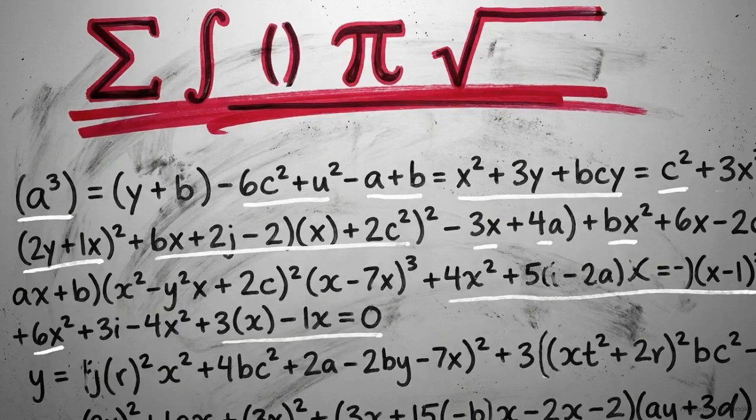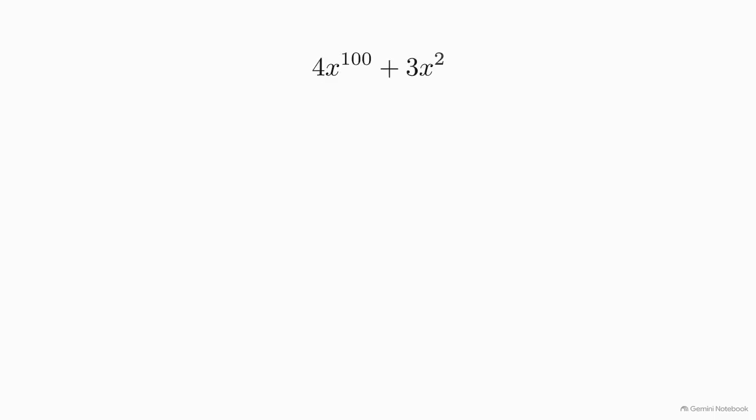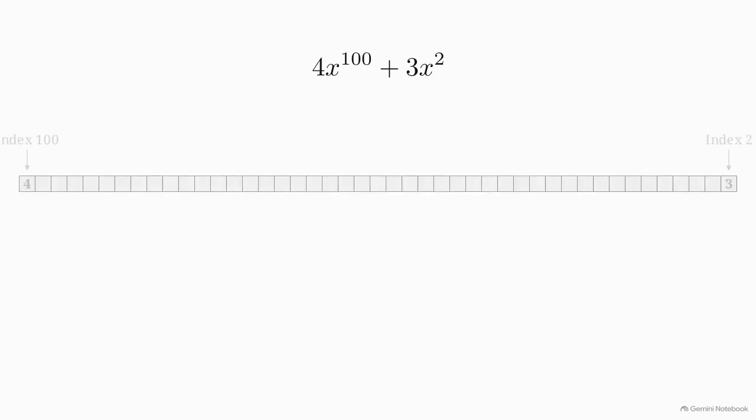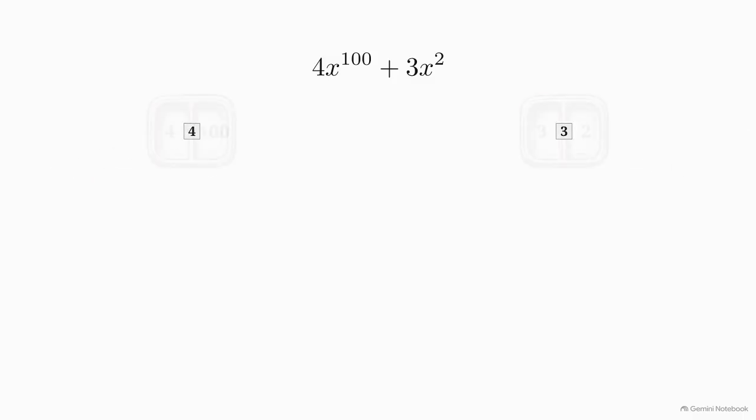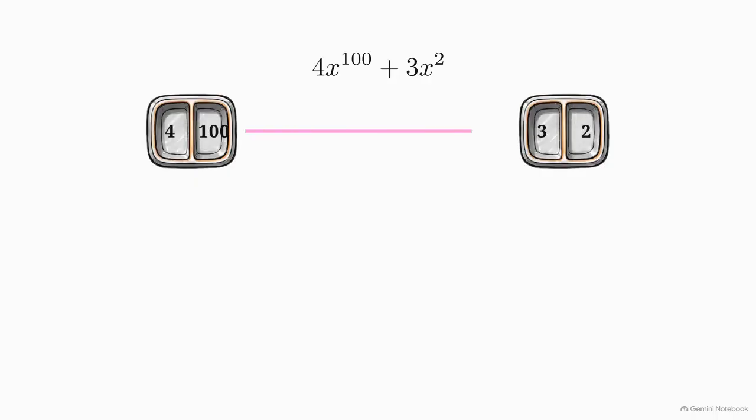This principle extends directly into complex mathematics, particularly algebraic polynomial equations. Take an equation like 4x to the power of 100 plus 3x squared. If you model that as an array based on exponents, you run into the exact same sparsity problem. The system will force you to store 97 consecutive zeros to account for all the missing terms between the 100th power and the second power. By modeling it as a linked list, the sparsity vanishes.